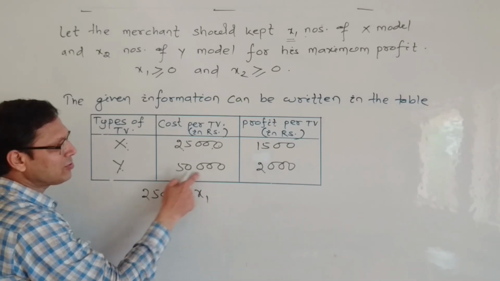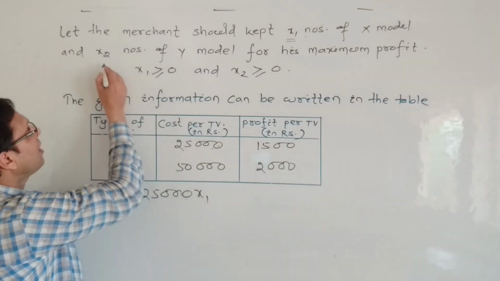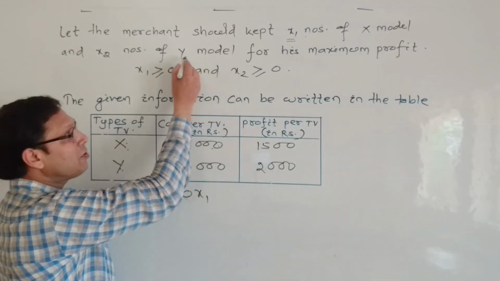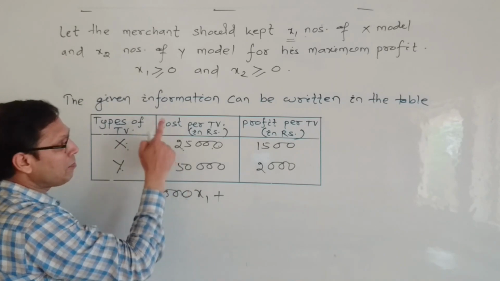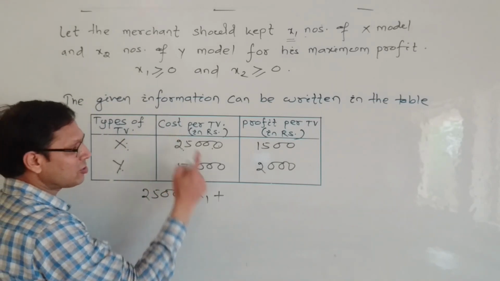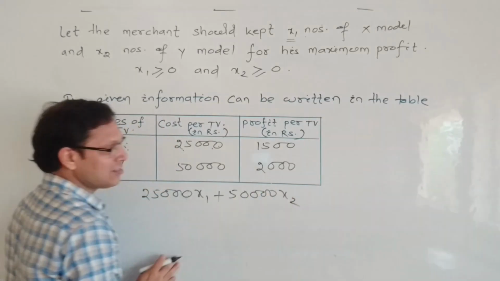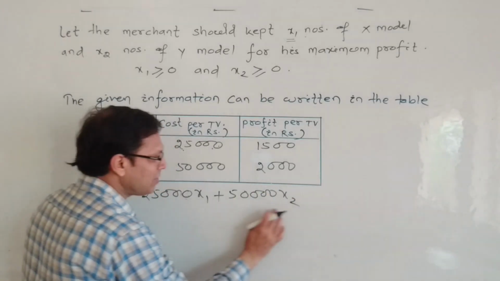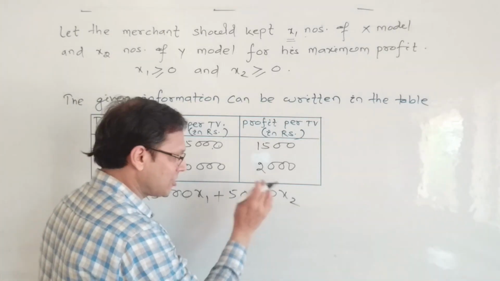Again 50,000 rupees for one TV of Y model. We have X2 numbers of TV for Y model. So for X2 number of TV, 50,000 X2 rupees. So total investment amount is 25,000 X1 plus 50,000 X2.